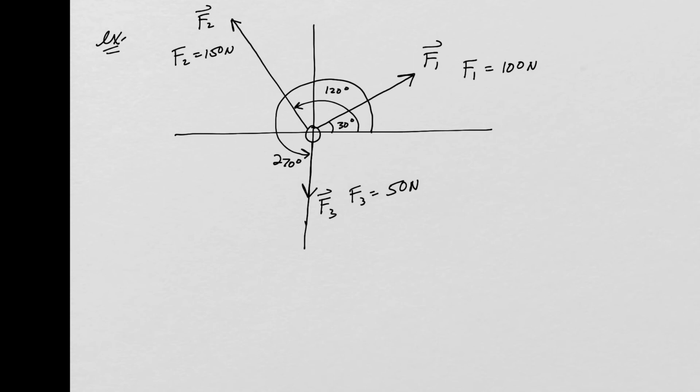So what I want to figure out is the net force acting on that ring that's in the center, right? All 3 forces are acting on the ring, and I want to find the net force. In other words, I want to add those 3 forces together. So the question is, what is the net force?